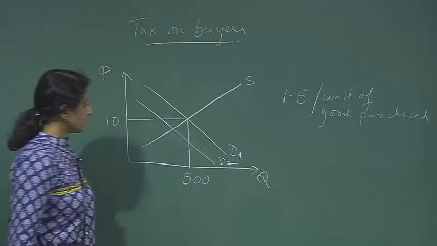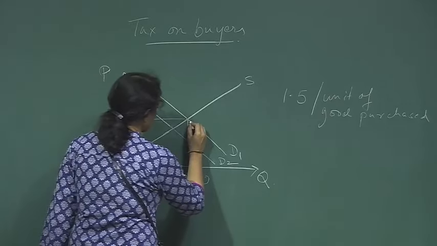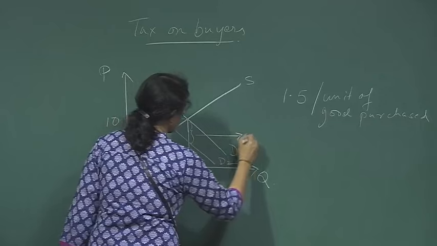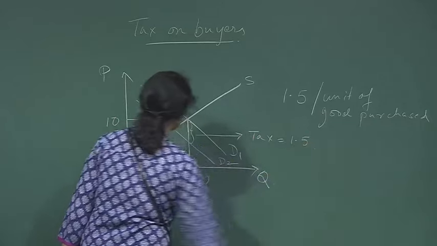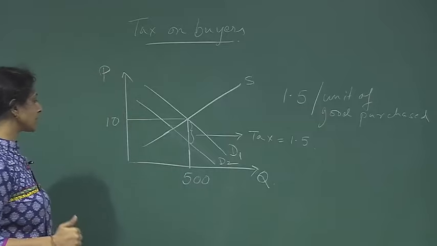So this is it shifting parallelly downwards, and this is the amount of the tax, equal to 1.5.